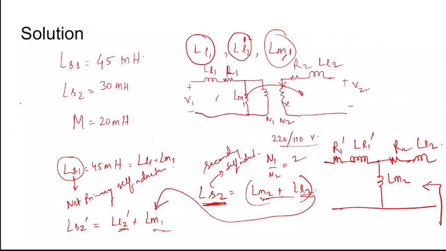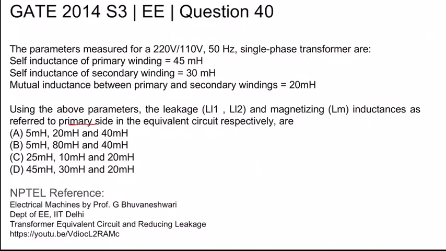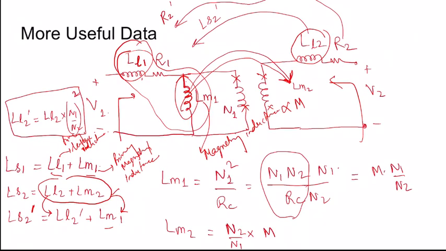Now I already told you the value of M is 20 millihenry, and LM1 equals N1 by N2 into M, which is 2 times M, which is 40 millihenry. So LM1 is 40 millihenry. LS2 is given, but we need LS2 dash.